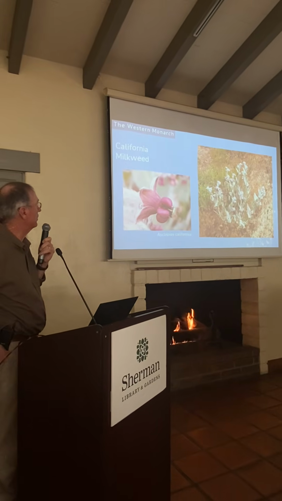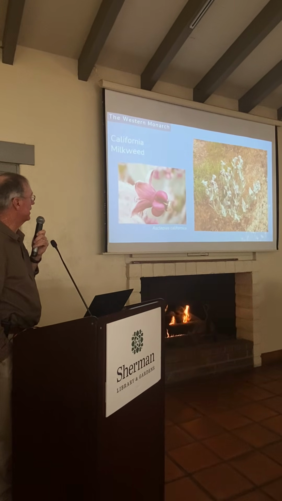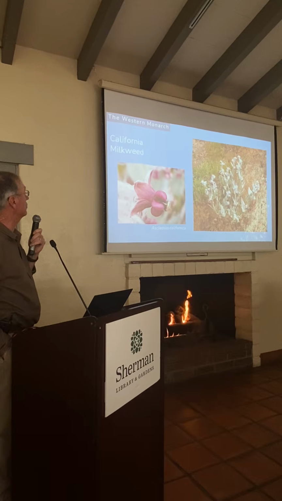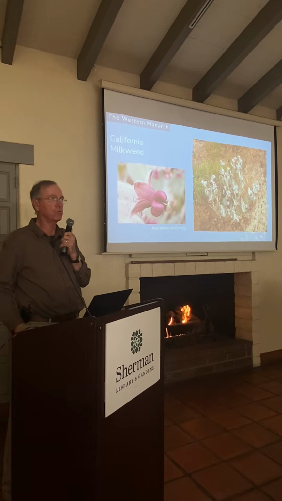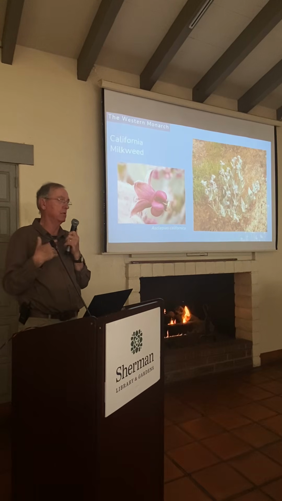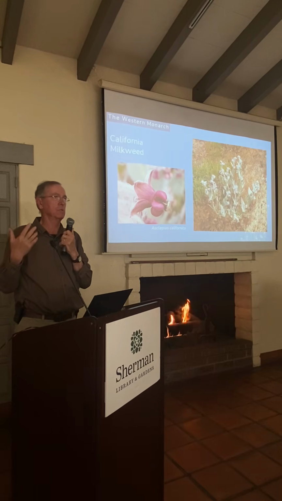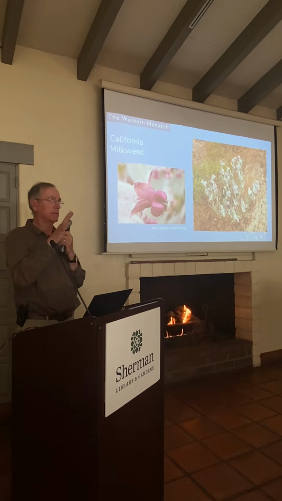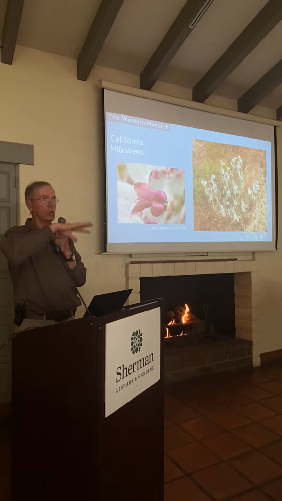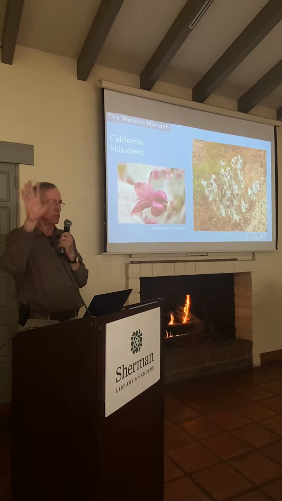This is our 3rd species that in the last couple of years has gotten a lot of attention from monarch conservationists, and that's because it's one of the earliest ones to emerge and flower and offer food to monarchs, and that connects with the whole climate change issue, and that's another lecture and another time.